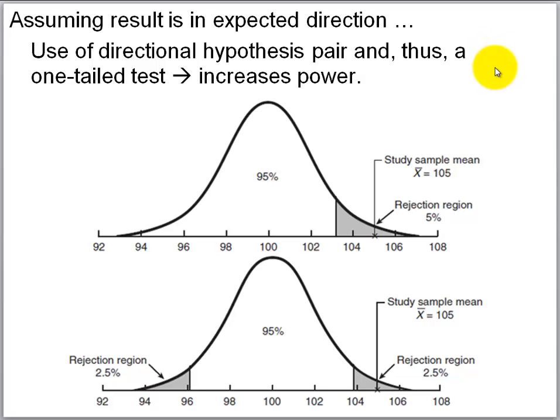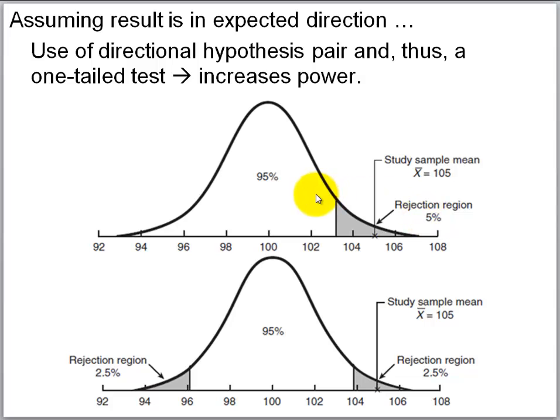I'll state this more simply: you should not be using a one-tailed test in a situation where there isn't compelling reason to think that the result will be in a given direction. So we can take it almost as a given, if one is using a one-tailed test, that the result will be in that expected direction. Therefore, the power is greater.